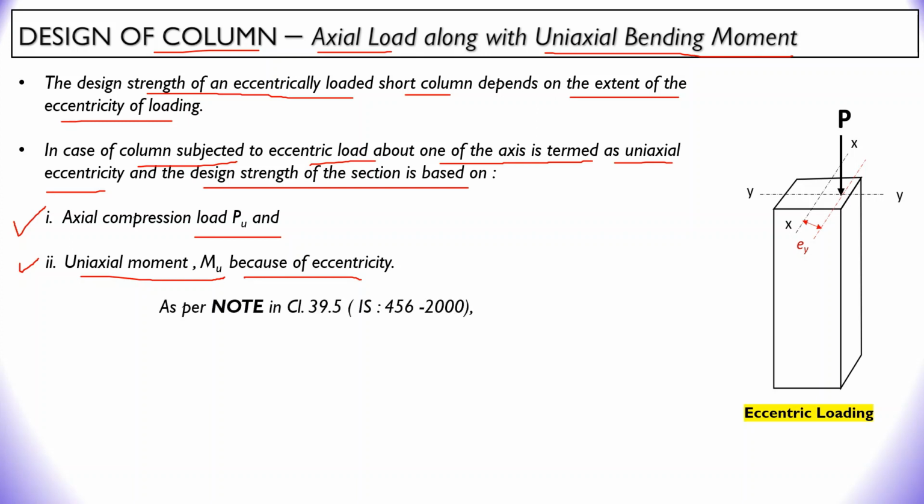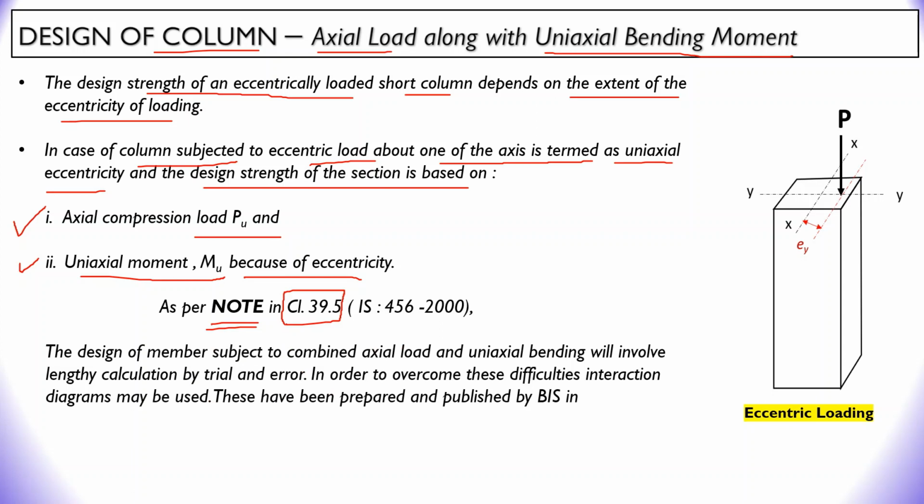When we refer to clause number 39.5 of IS 456, one note is mentioned very clearly in the code. Let us first discuss that note. It indicates that the design of a member subjected to combined axial load and uni-axial bending will involve lengthy calculation during analysis.